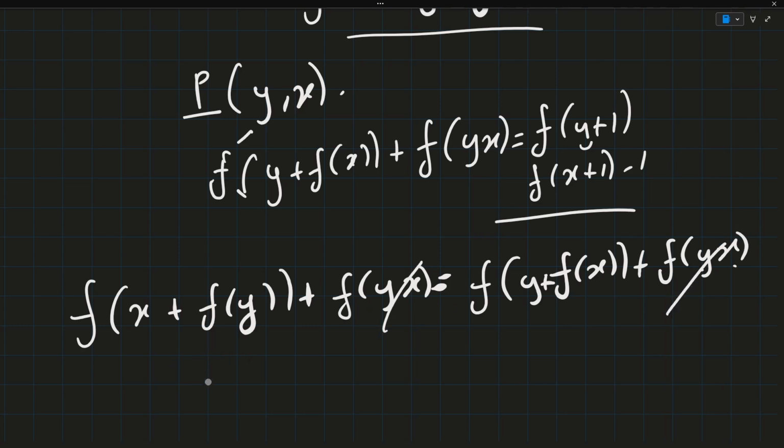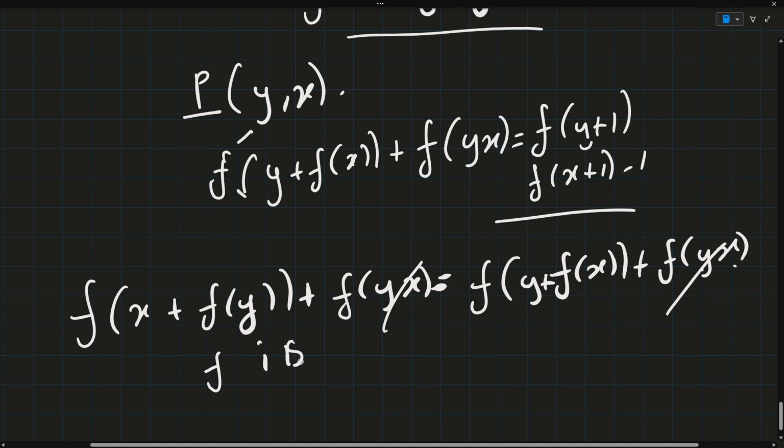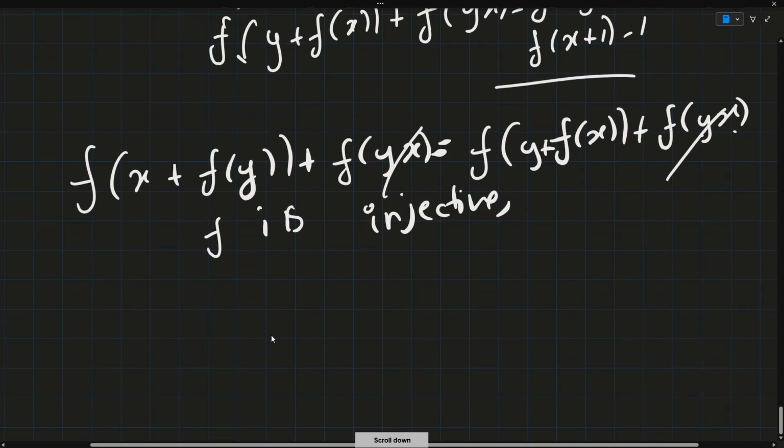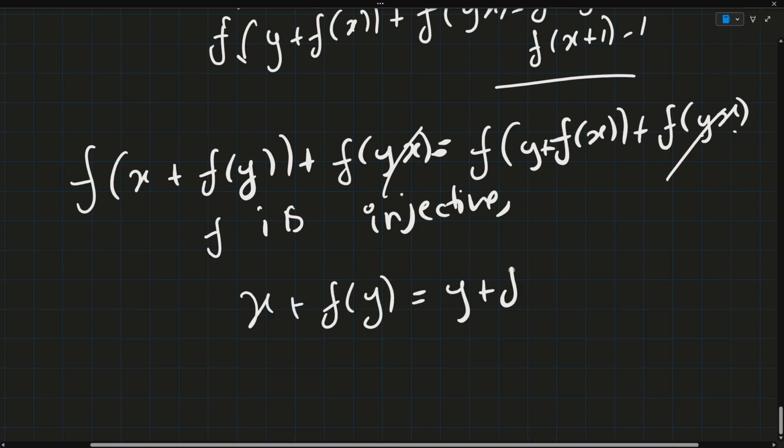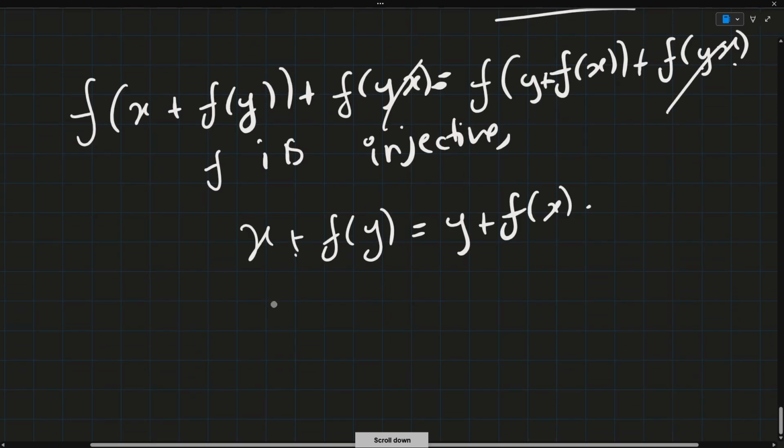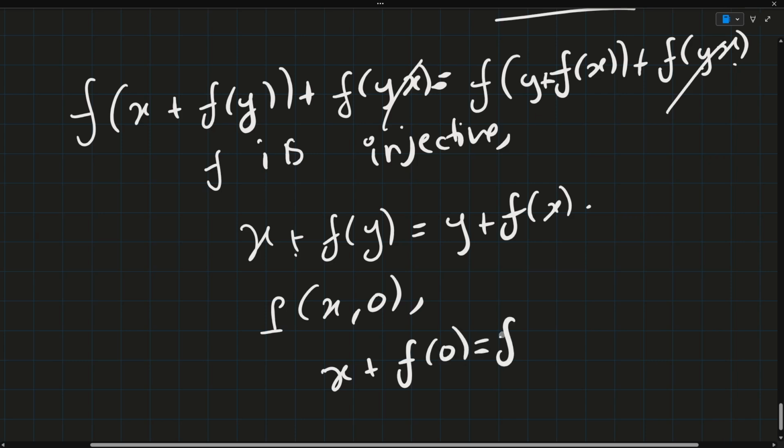And if f is injective, we can write x + f(y) = y + f(x), and by substituting P(x, 0), we have x + f(0) = f(x), which is our solution.